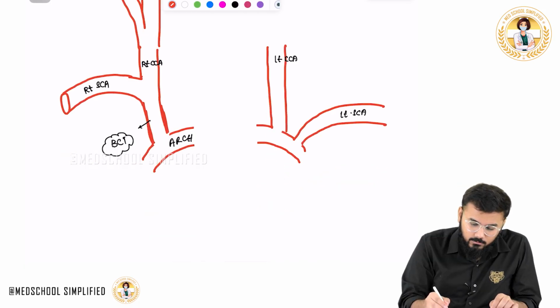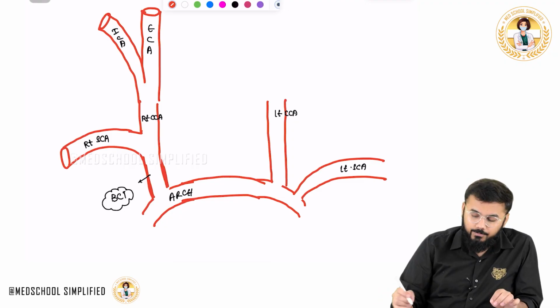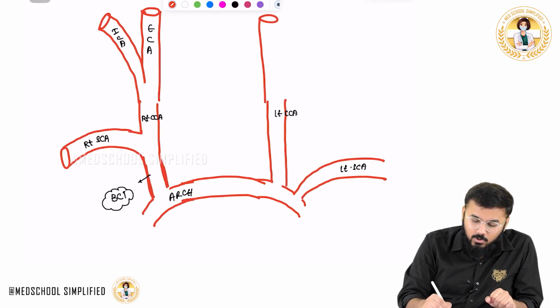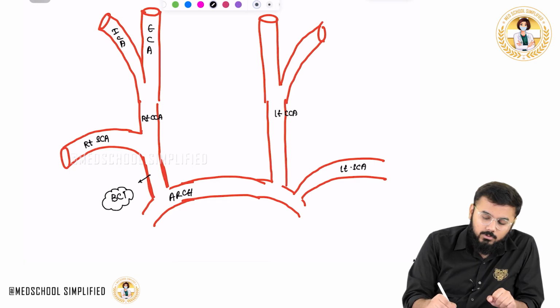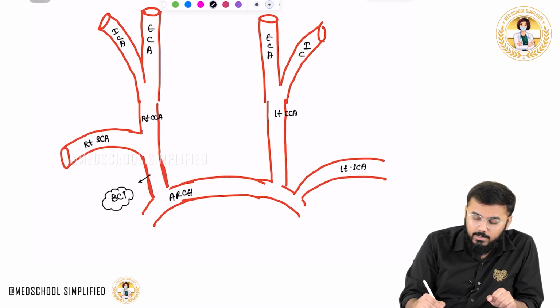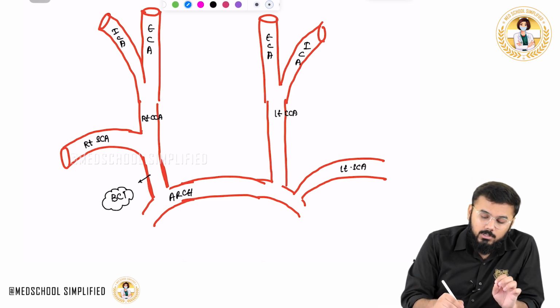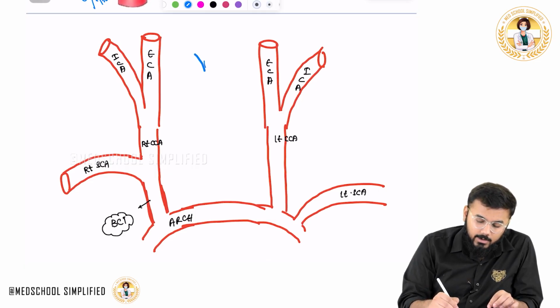This is your arch. Now the left common carotid artery also divides into two branches. This one is called the external carotid artery and this one is called the internal carotid artery. Now where is your thyroid gland? Exactly here you have your thyroid gland.